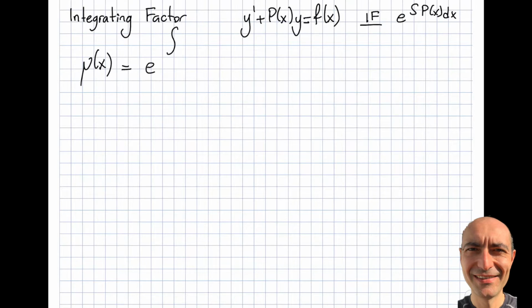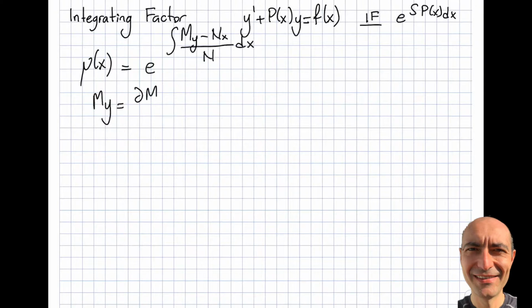Integral of M sub y, I'll talk about what M sub y is, minus N sub x, divided by N, dx. Okay, M sub y will be del M del y, and N sub x will be the partial of N with respect to x, as you can imagine, right?